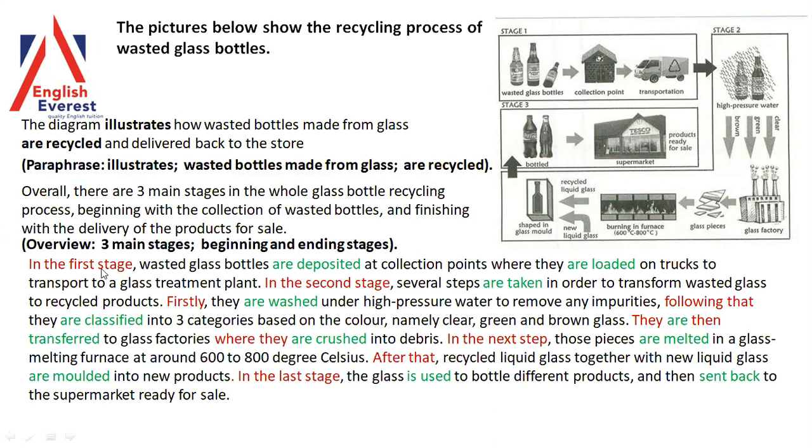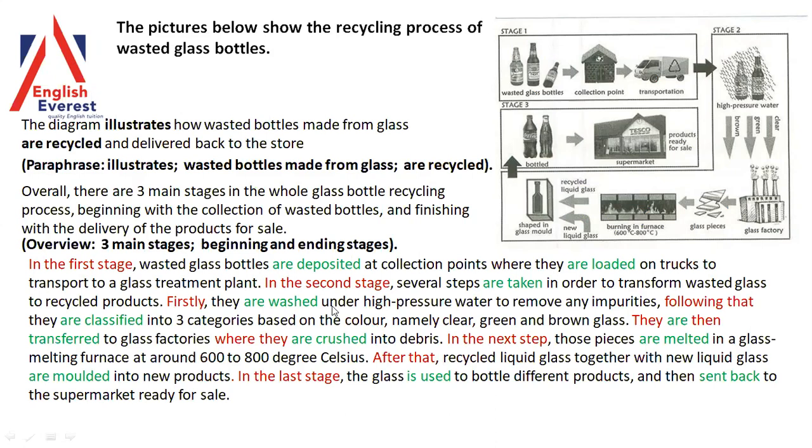So in the first stage, wasted glass bottles are deposited at collection points where they are loaded onto trucks to be transported to a glass treatment plant. So this is a glass treatment plant here.